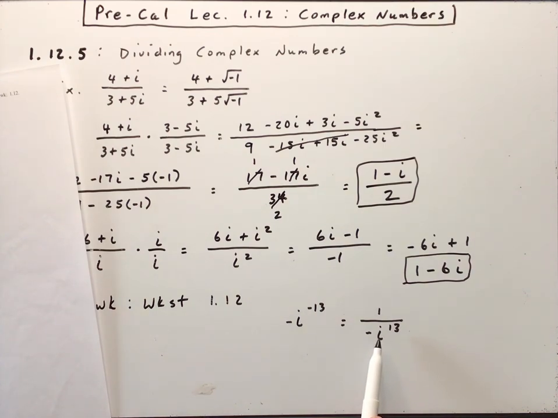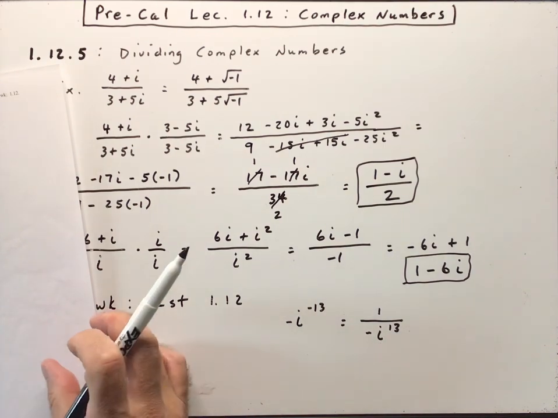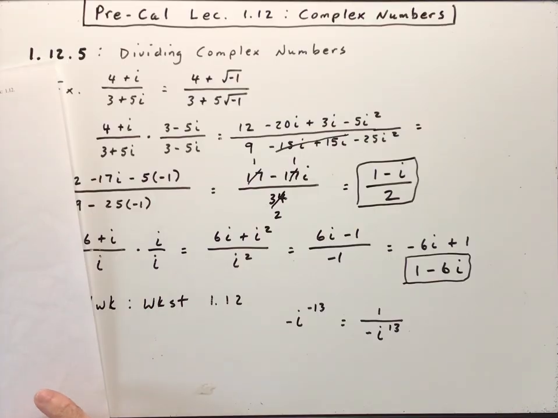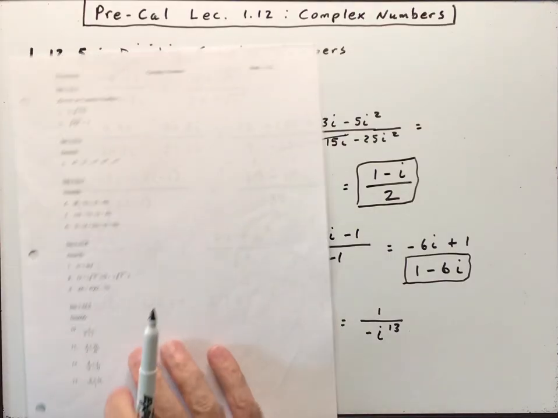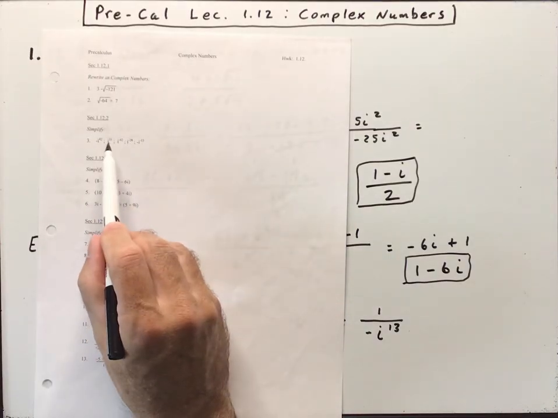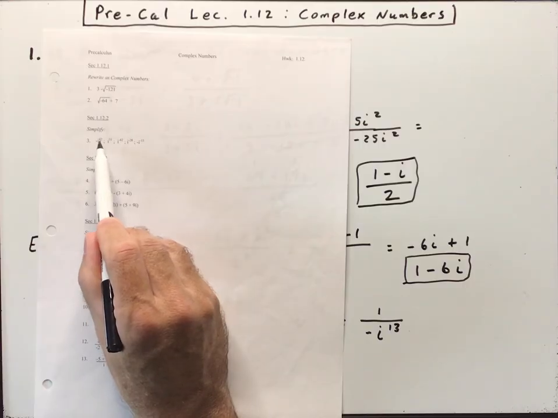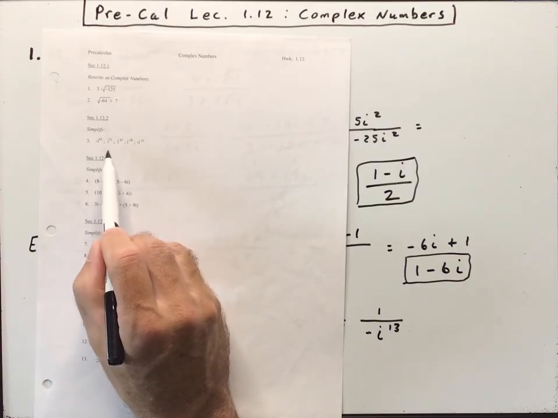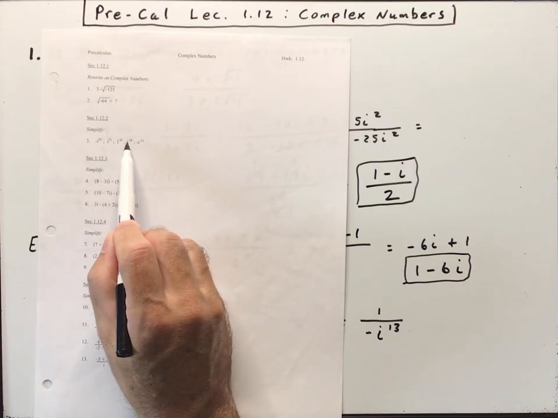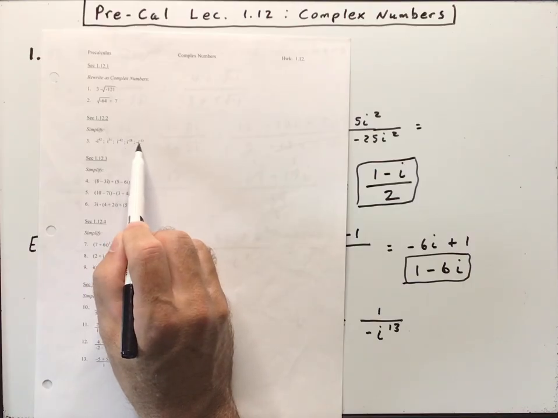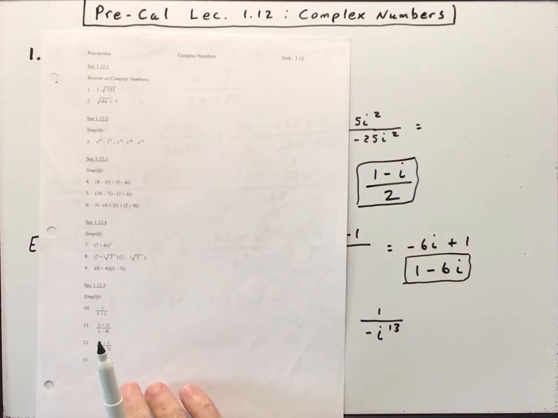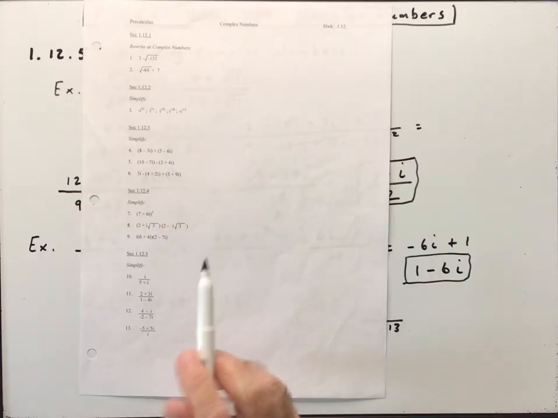So you have a couple of those, actually 3 of them. Let's see. These are hard to read. I wrote them really small. So that's i to the 42nd, i to the 31st, i to the negative 42, negative 28, and negative 13. So there's a little negative sign. I apologize for the small font.